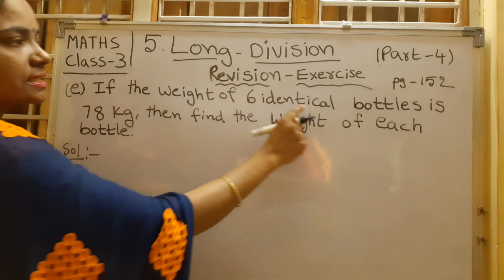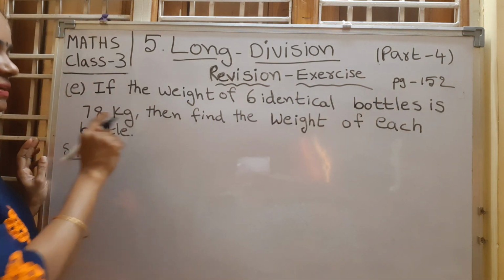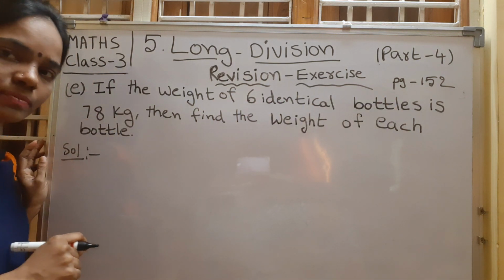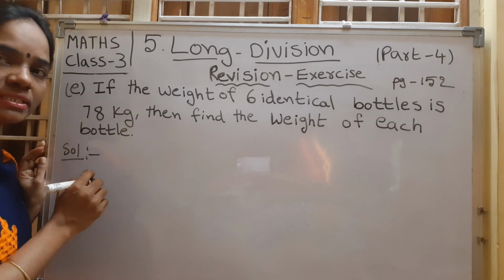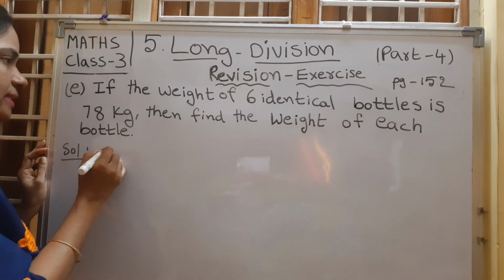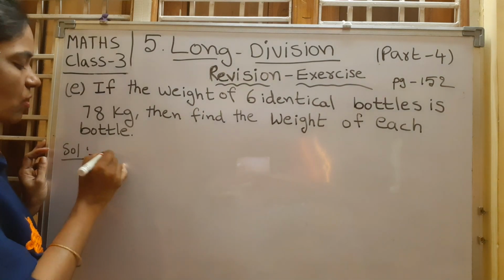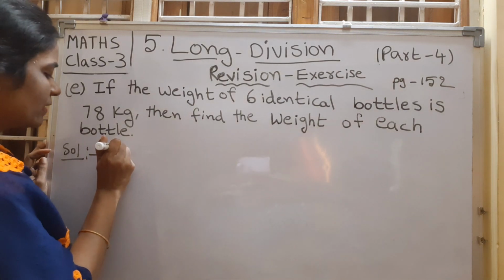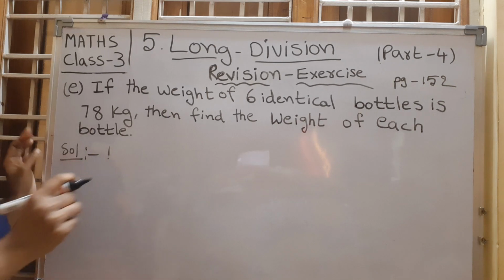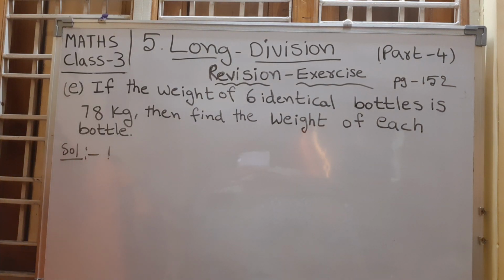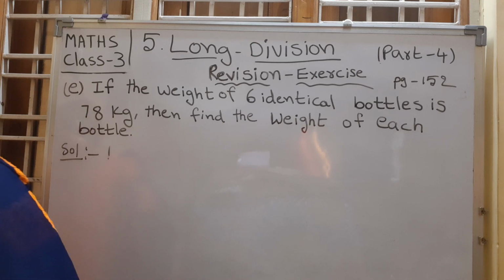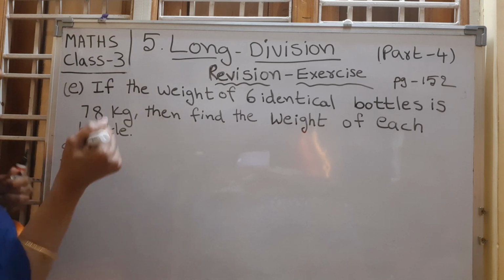The weight of six identical bottles is 78 kgs. So this sentence becomes your first statement. So write down, children, what is the first statement? Yes, very good. Weight of six bottles is given. Yes, write down, children.